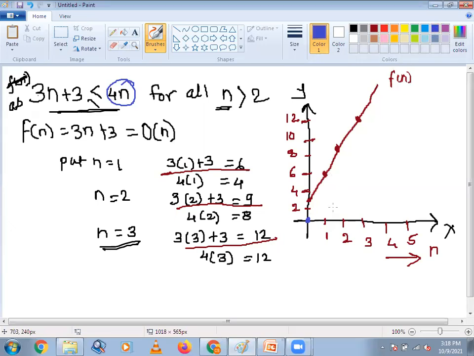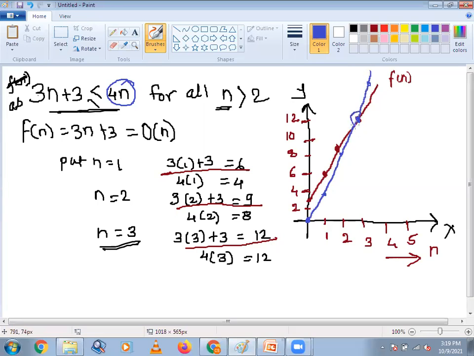Then for 1, it is 4. For 2, it is 8. For 3, it is 12. For 4, it is 16. This is the line for g of n.